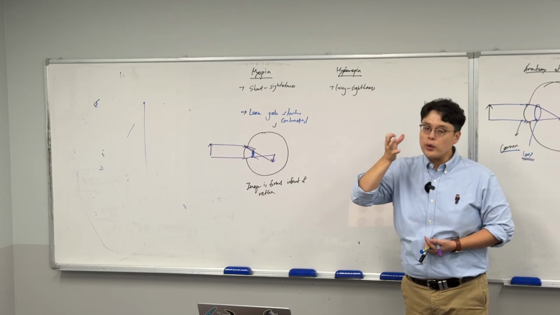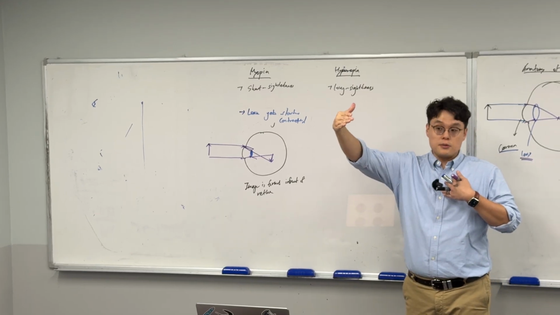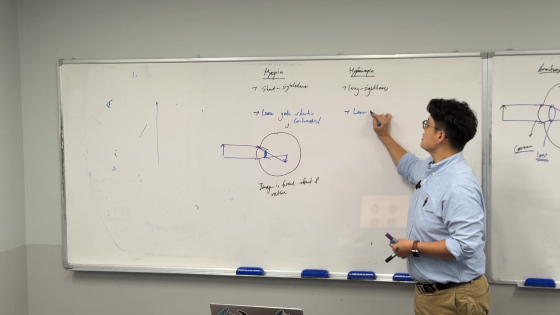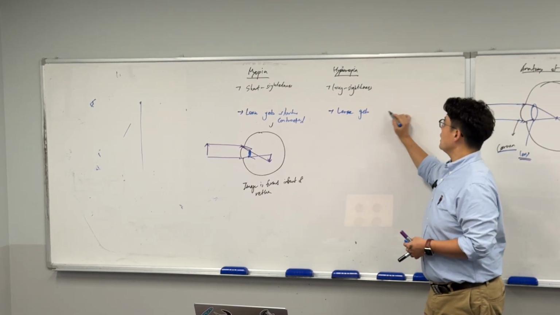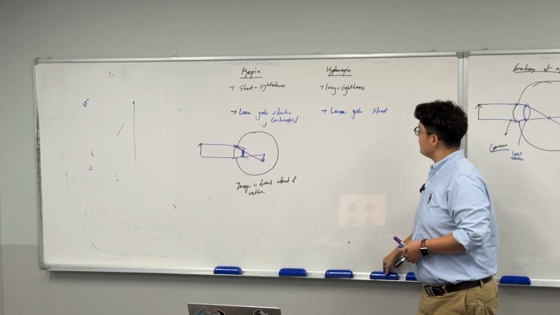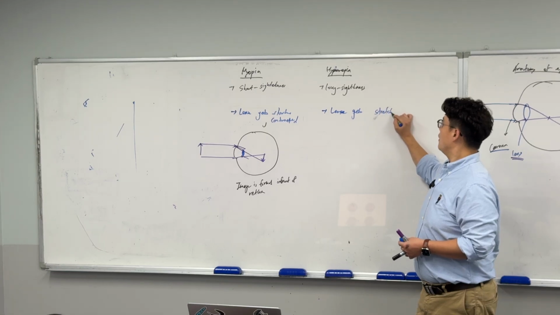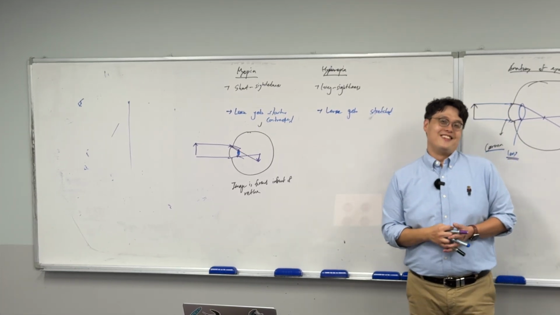So the lens almost gets stretched a lot of times. So this is the lens. The lenses get stretched. If my lens is too short right now, then as I get older, will it make itself normal?